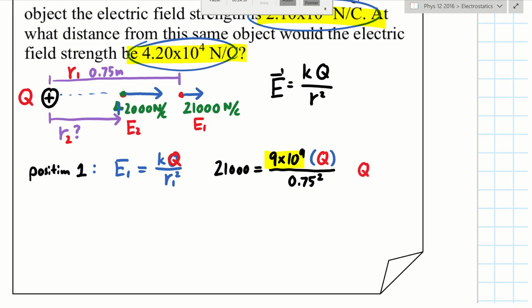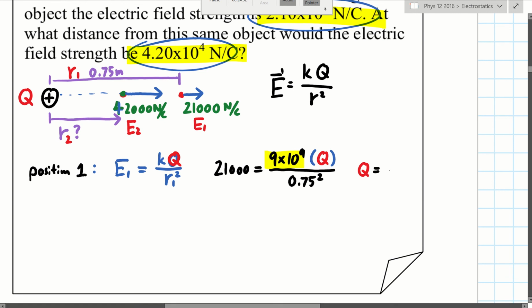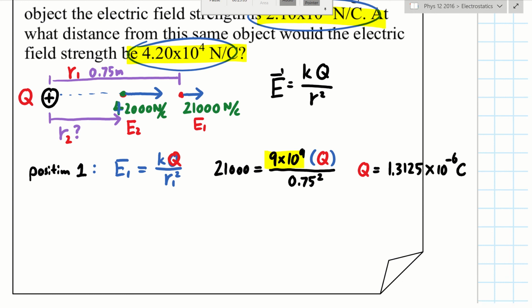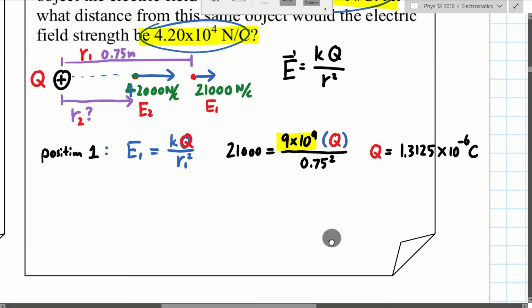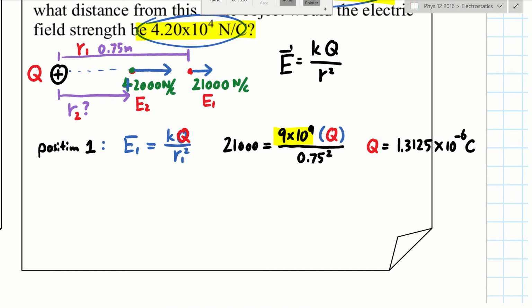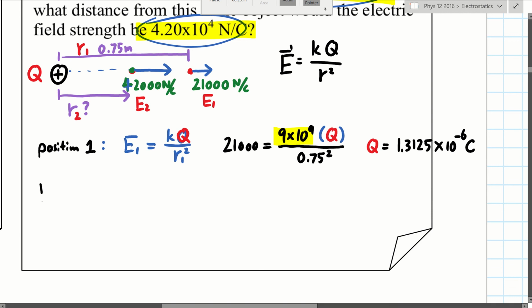Then you will know how strong that charge is. It turns out to be 1.3125 times 10 to the negative 6 coulomb, so roughly 1.3 microcoulomb. Then we can use this and go to position 2.